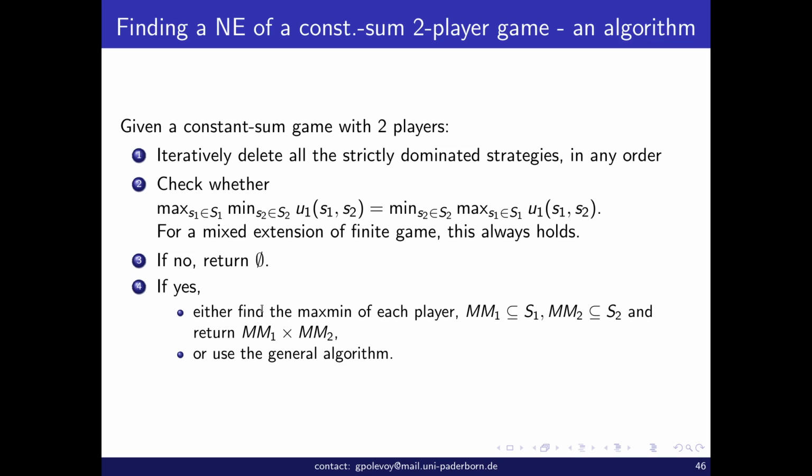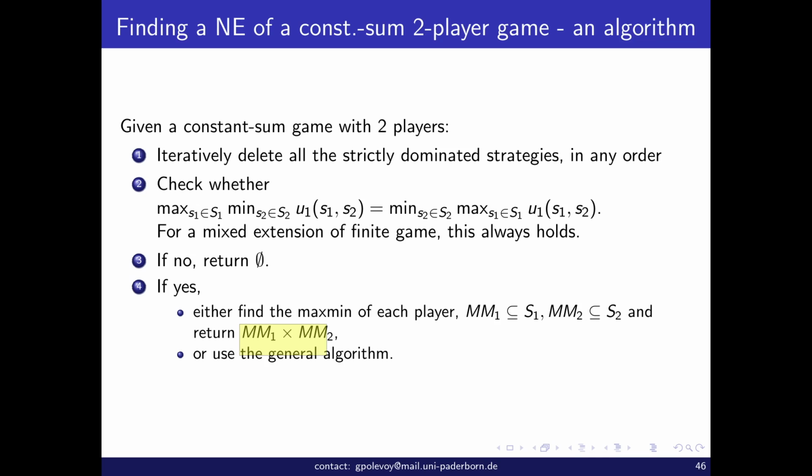Otherwise, if this does hold, it means that there exists at least one Nash equilibrium, and those are exactly the max-min strategies of each player. So we look at them, we have an algorithm for that, and then we return simply the Cartesian product. So any max-min of one of the players with any max-min of the other player is a Nash equilibrium, and these are exactly all of them.